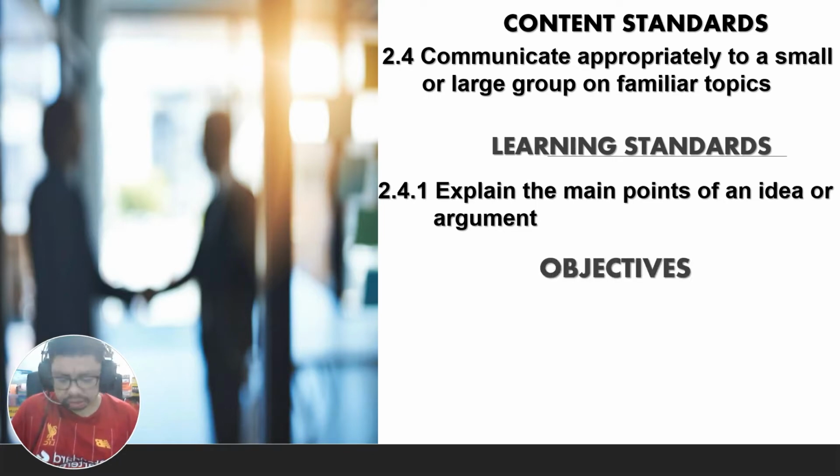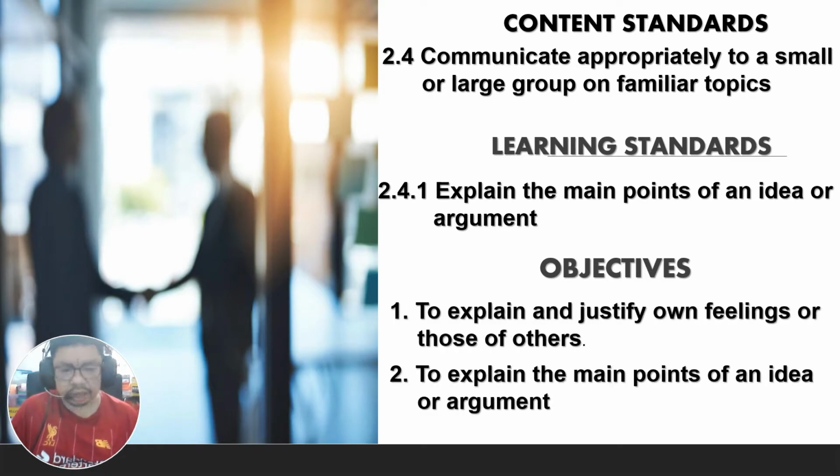As for the objectives, this part of the test aims for candidates to explain and justify their own feelings or those of others, and secondly, to explain the main points of an idea or an argument.